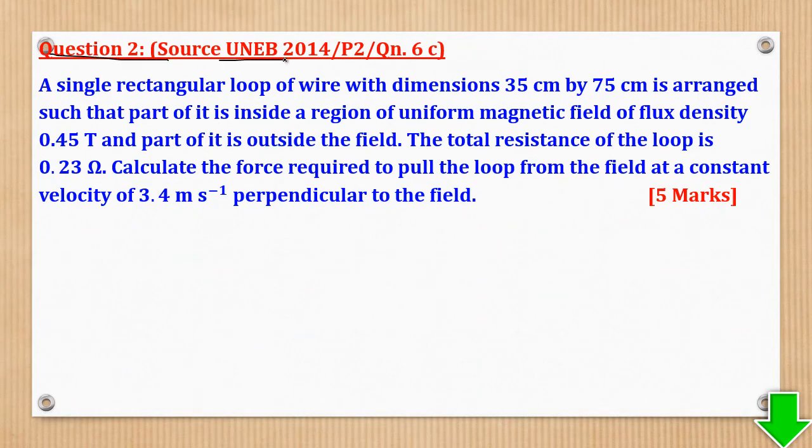And that's what they wanted. Then question 2 came from UACE 2014, paper 2, question 6C, and says, a single rectangular loop of wire with dimensions 35 centimeters by 75 centimeters is arranged such that part of it is inside a region of uniform magnetic field of flux density 0.545 Tesla, and part of it is outside the field.